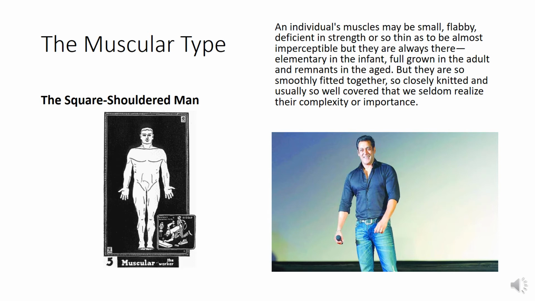So, muscles may be small, flabby, deficient in strength, or so thin as to be almost imperceptible, but they're always there. Elementary in an infant, full grown in the adult, and remnants in old age, but they are so smoothly fitted together, so closely knitted, and usually so well covered that we seldom realize their complexity or importance.